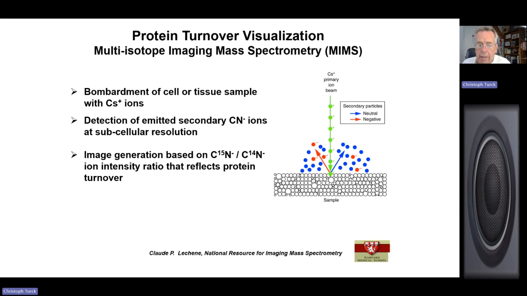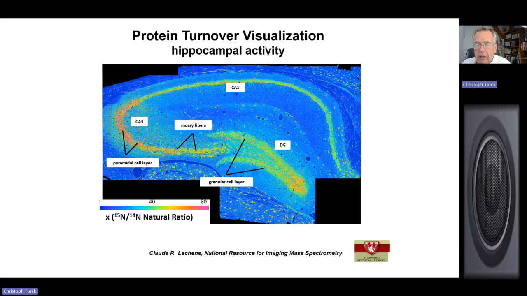So I'm showing you results from a mouse hippocampus. This is a tissue slice that was stained. And in the following slide, you see a tissue slice that was generated with the MIMS technology. Beautiful. I still think it's a very beautiful image.